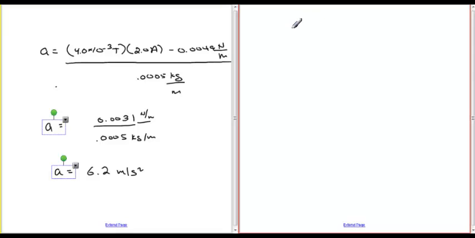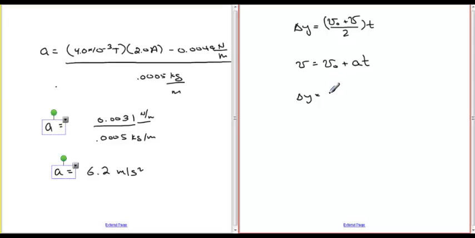So we need time. We have the four equations that we learned in the first semester: delta y is equal to (V0 plus V) over 2 times t; V is equal to V0 plus a times t; delta y is equal to V0 t plus 1/2 a t squared; and V squared is equal to V0 squared plus 2a delta y.